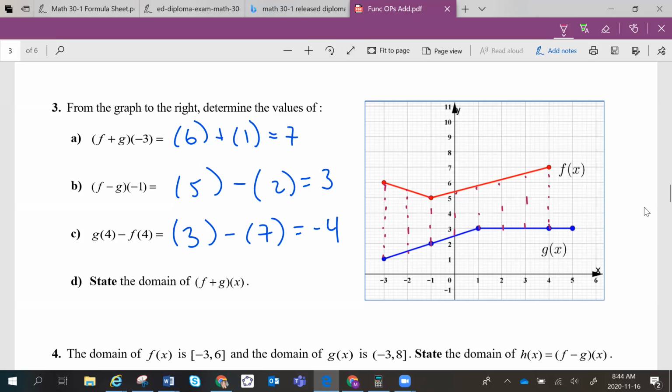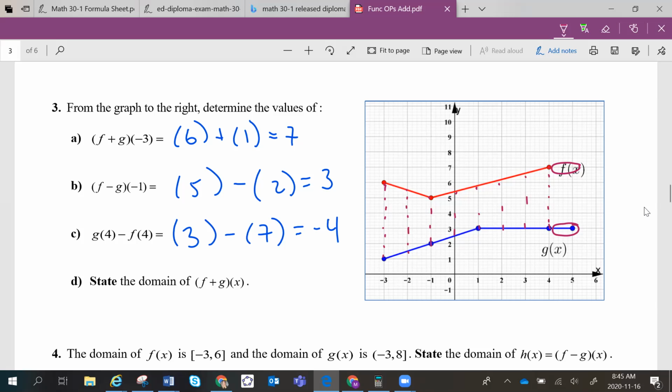But look over here. To the right of 4, I can no longer add and subtract these functions because there's nothing on function f for me to add with, is there? So the domain of these two functions combined is essentially where they both overlap, where they both exist at the same time.